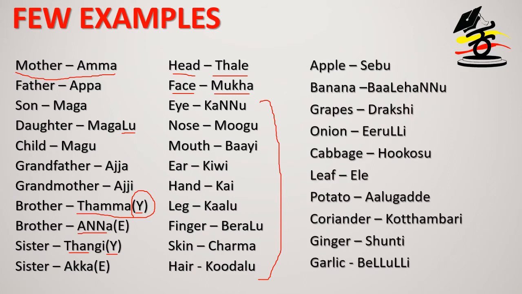And there is another set of examples where apple is called Sebu, banana is called Balehannu. A similar set of examples you have here which you will be using in day-to-day life. So grapes, onions, cabbages, leaf, potato, coriander, ginger, and you'll be using such words in your day-to-day life.